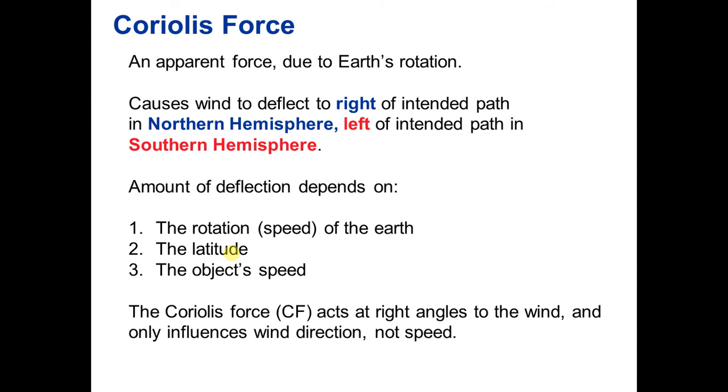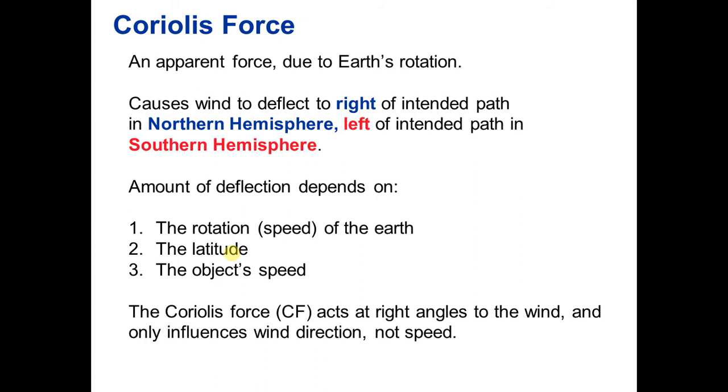Okay, a misconception is that the Coriolis force is able to cause water to go down the drain a different direction in the northern hemisphere than the southern hemisphere. That's too small a scale. The water doesn't move fast enough, and it's over too small of a spatial scale to get deflected much.